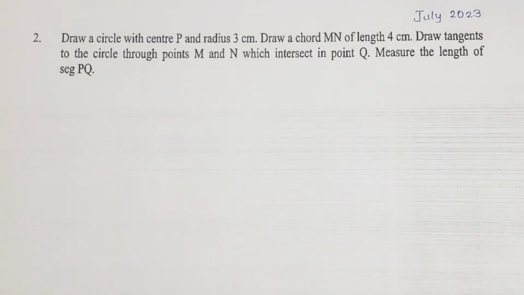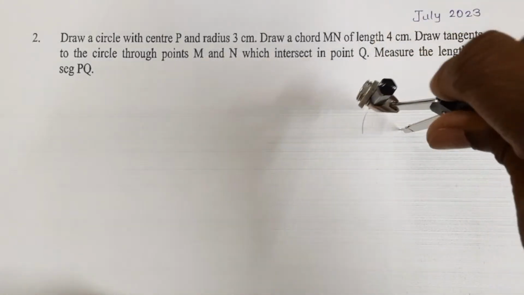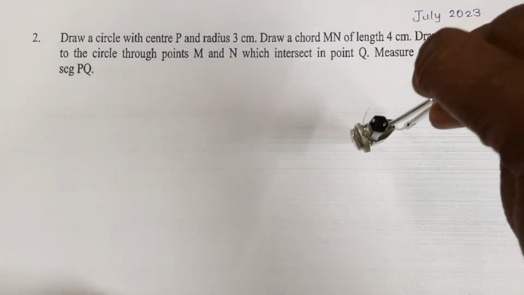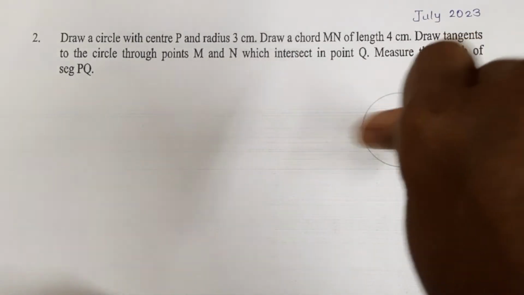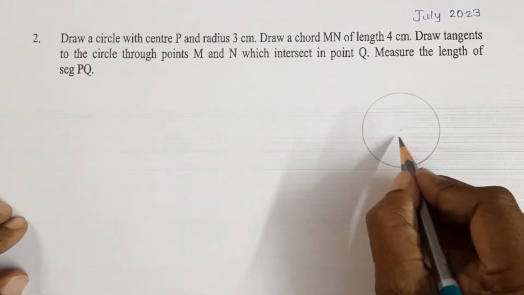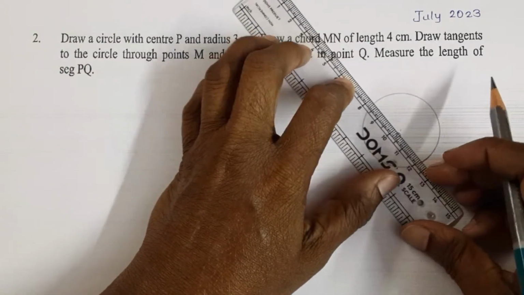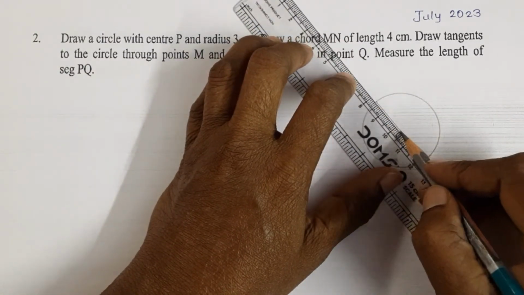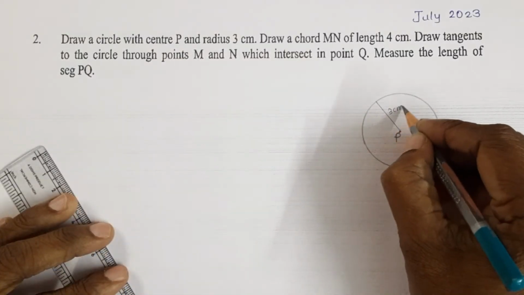Okay students, so first draw the rough diagram here. So center P and show the radius, which is 3 centimeter.